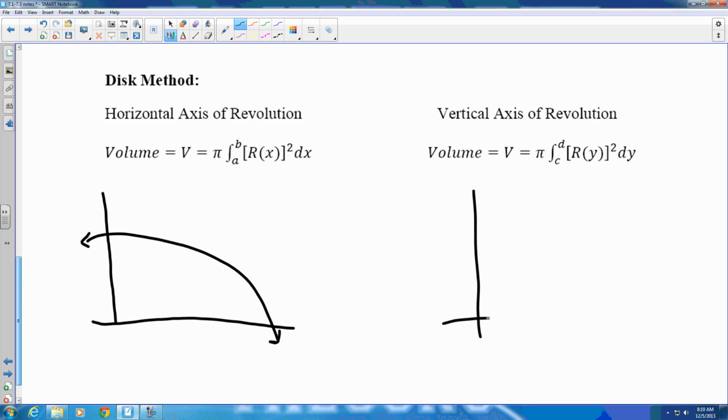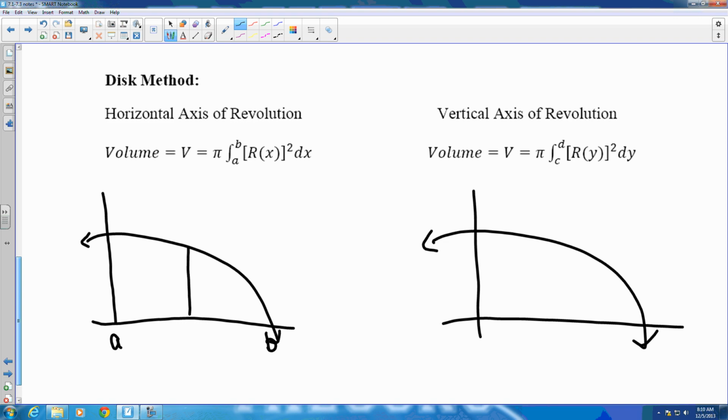So for the horizontal axis of revolution, you are going from point A to point B. Your rectangle is going to be perpendicular to your axis of revolution, so it's going to look like this. Your r, the height of it, is going to be whatever your function is. That's your r of x, if you're flipped over the horizontal axis.